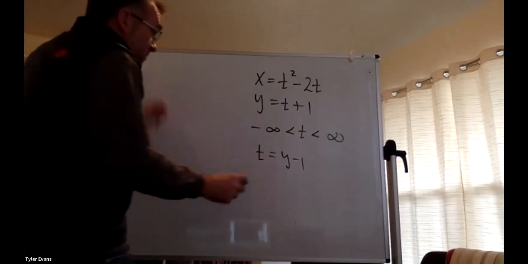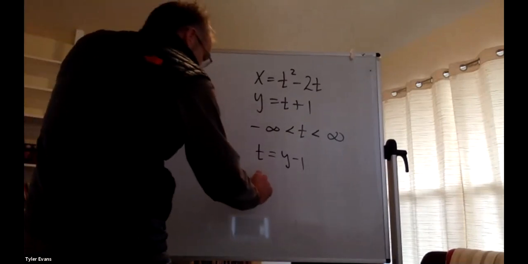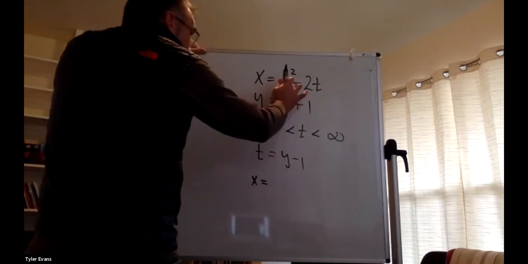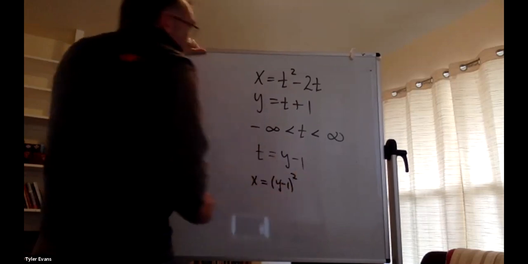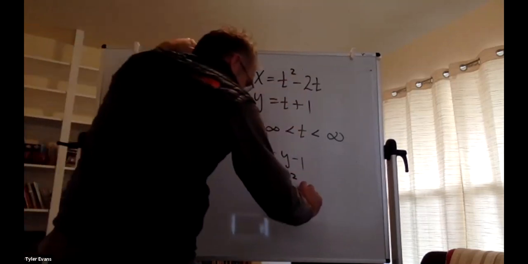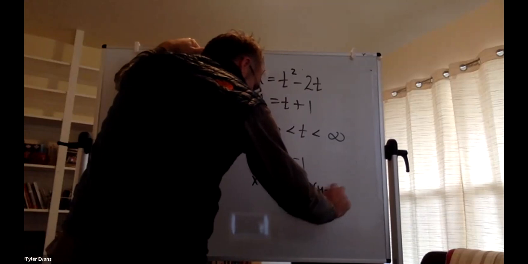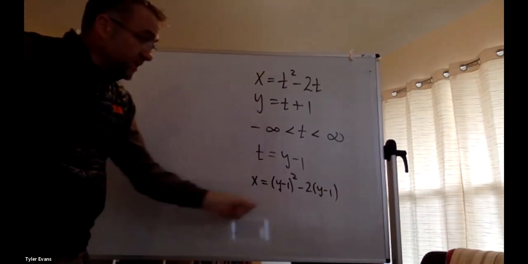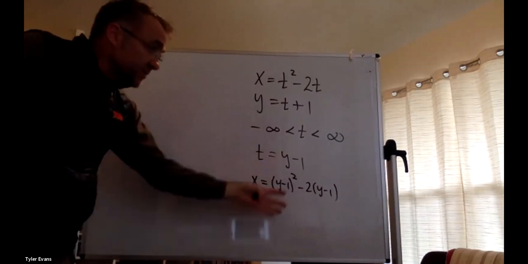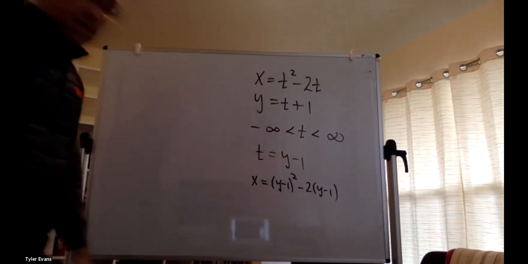All right, so let's see if I can try to write it neatly. X is, well, I have to take y minus 1 and square it, then subtract 2 times y minus 1. All right, you can pause the video now or just fast forward it, because for a second here, I'm just going to jostle this thing around and do some algebra.